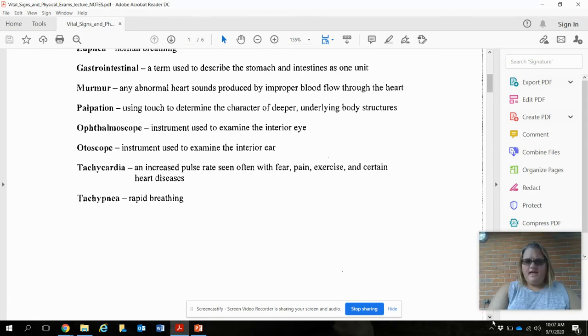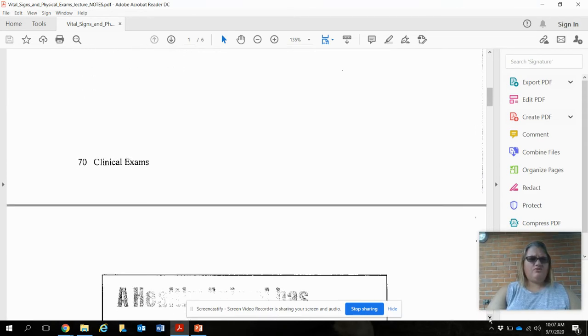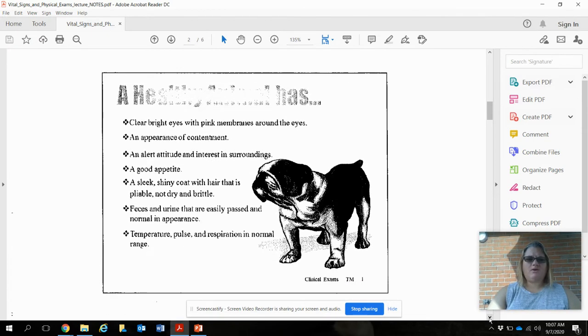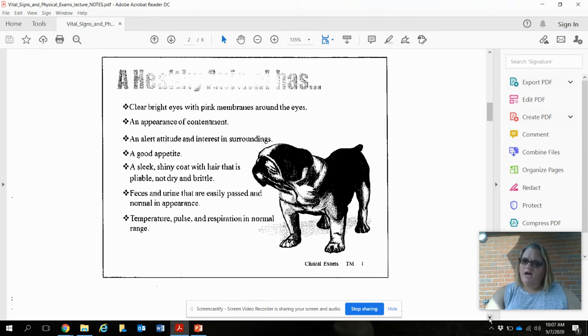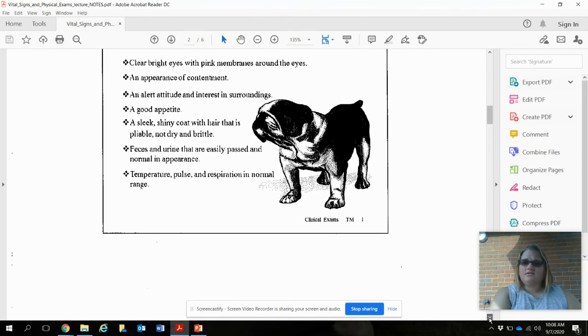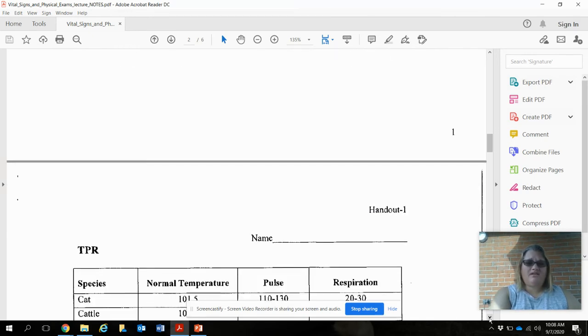All right, then as we move down through the notes, we have what a healthy animal looks like. It's good to know what your animal looks like when they're healthy, so that you know when they're not, and you know right away.